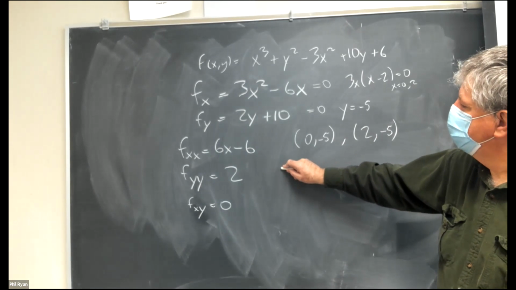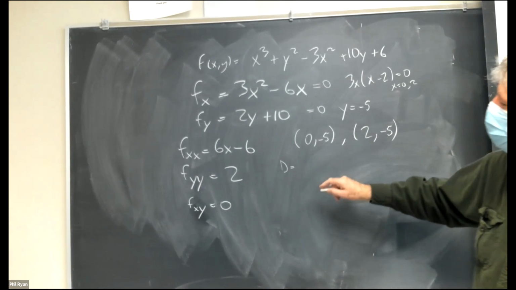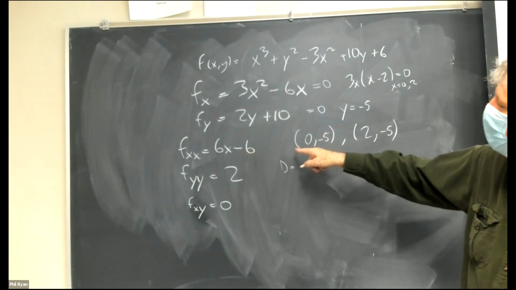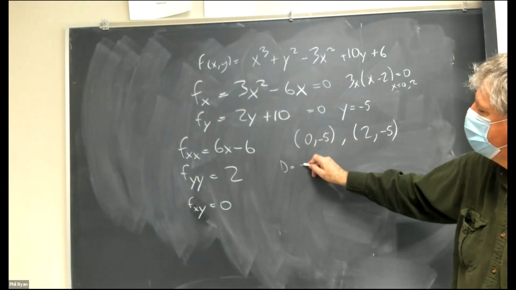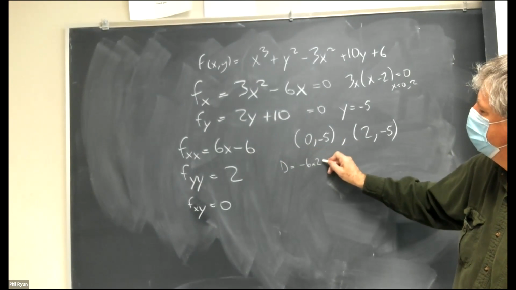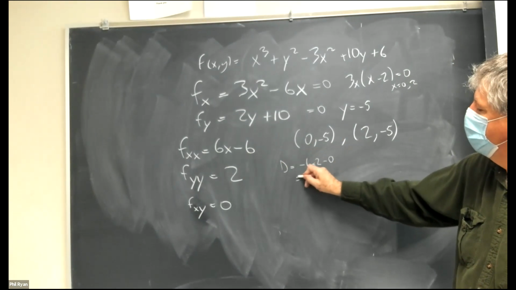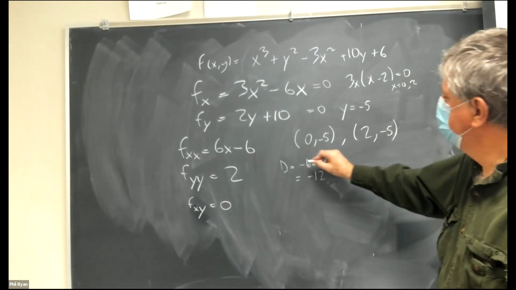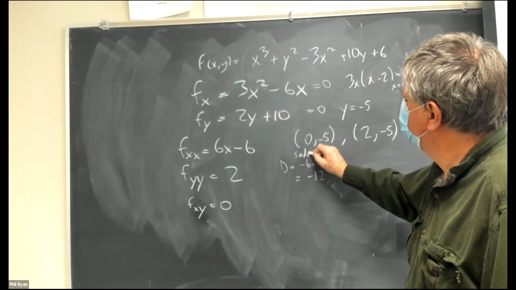So for this one, D, we plug in the values here. fxx is minus 6, fyy is 2, minus 0, it's minus 12. So that tells us that this is a saddle point.